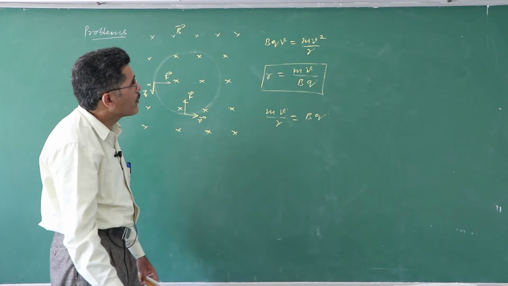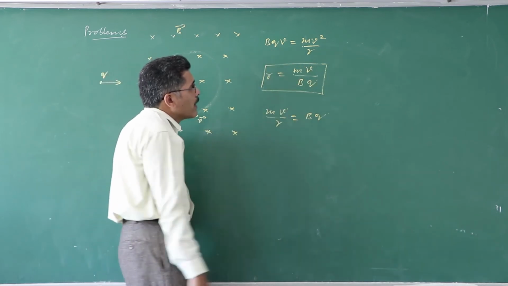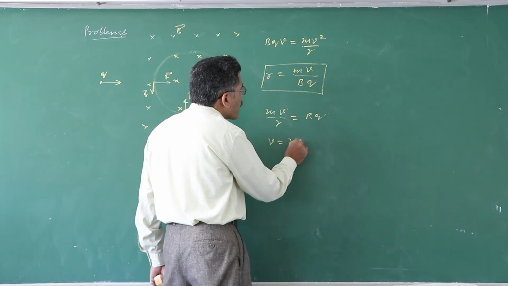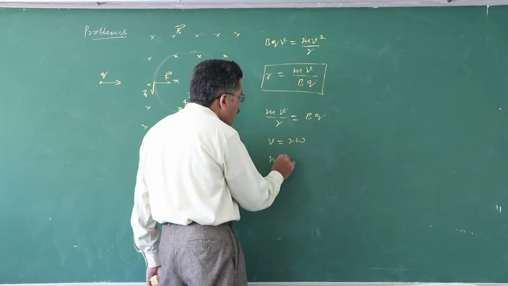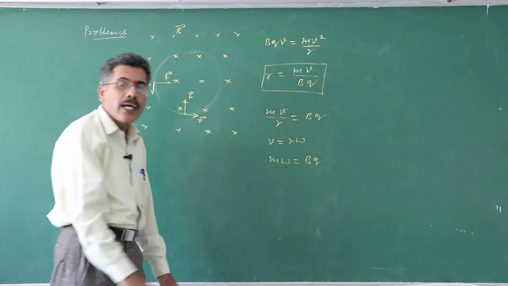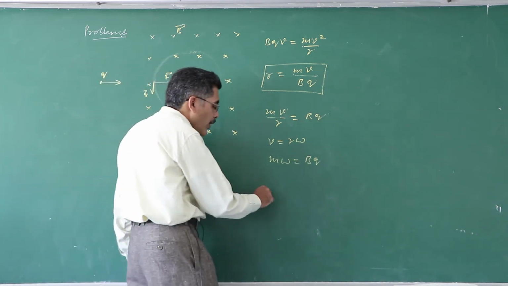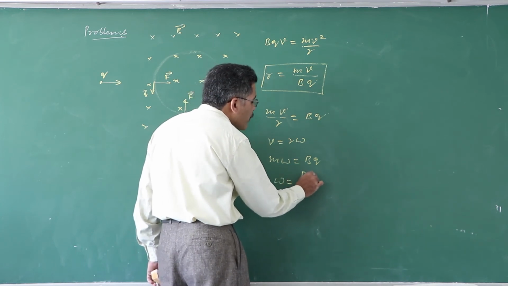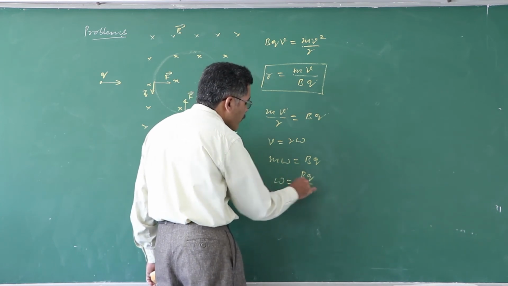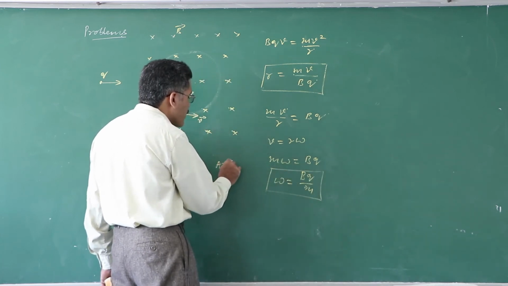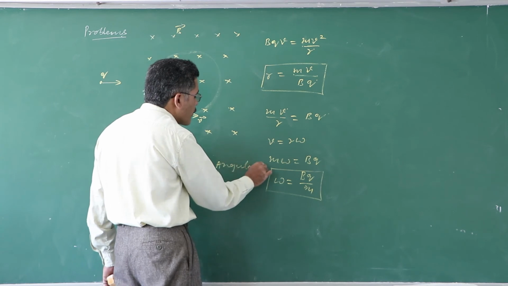One v got cancelled. V is equal to R omega. Therefore, M into omega is equal to BQ, where omega is called angular frequency. If you want to calculate angular frequency, we have the relation BQ divided by M. This gives you the angular frequency.